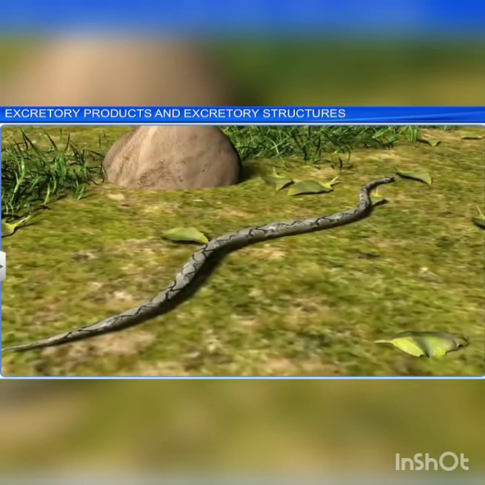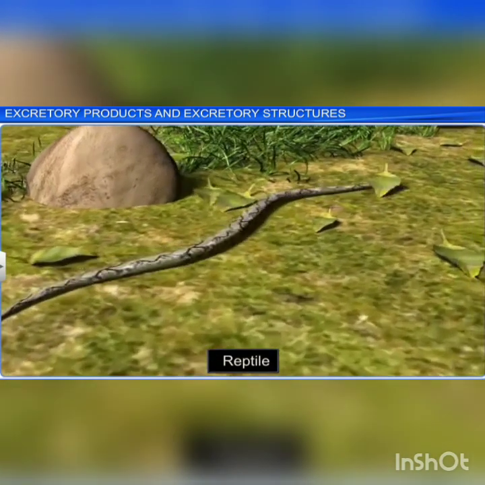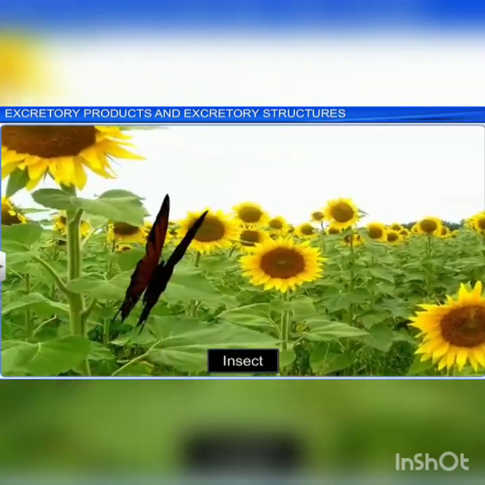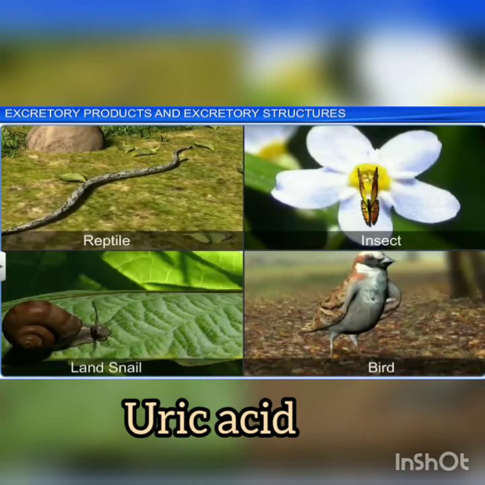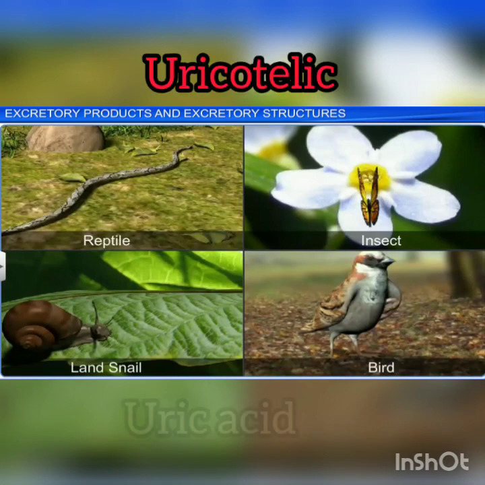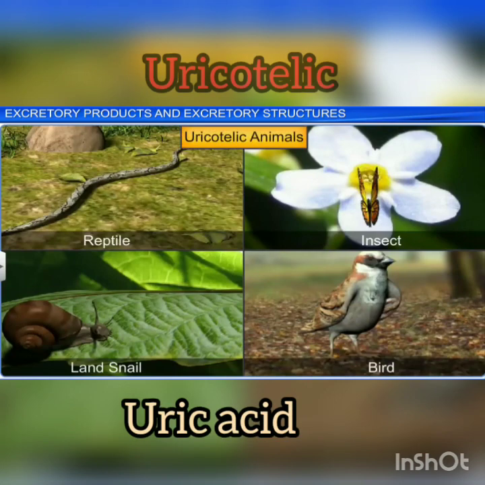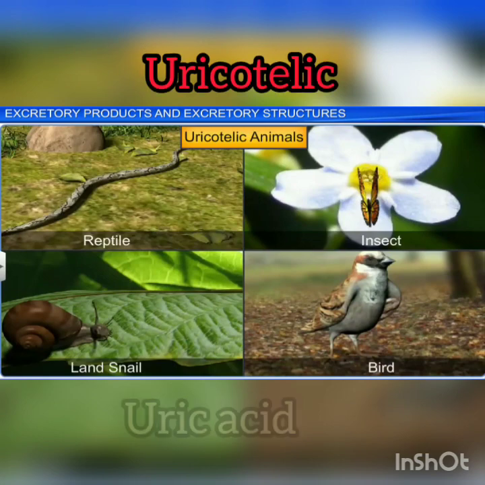Some animals excreting uric acid are reptiles, insects, land snails, and birds. Such animals that excrete nitrogenous waste in the form of uric acid are called uricotelic animals, and the process is called uricotelism.